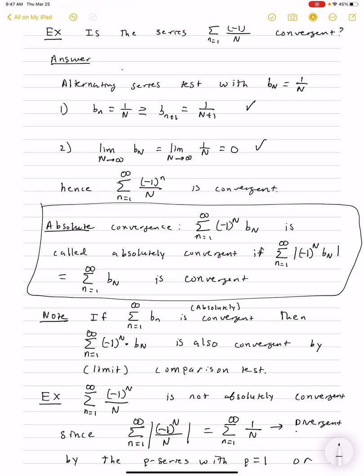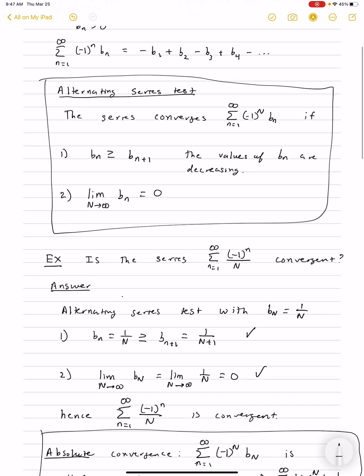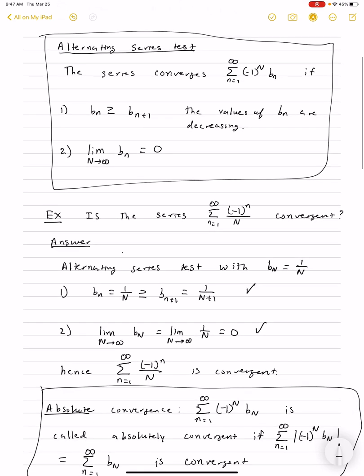If it converges, then you know that the alternating series converges. But if it diverges, it doesn't tell you anything as to if your original series converges or diverges. So then you have to go back and use the alternating series test. If it converges with the alternating series test, but not absolutely, it's called conditionally convergent.